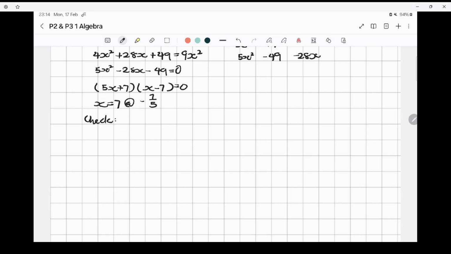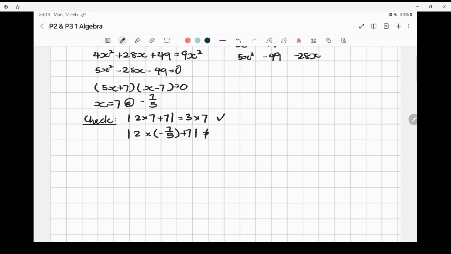So how do you check it? Basically you substitute back. 2 times 7 plus 7 equals 3 times 7. This is correct. The second check is 2 times minus 7 over 5, plus 7.